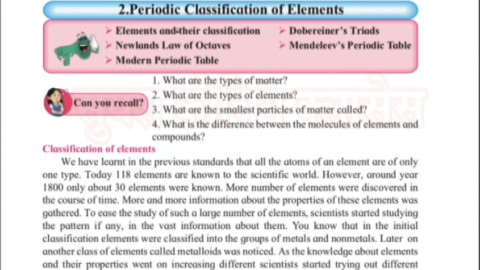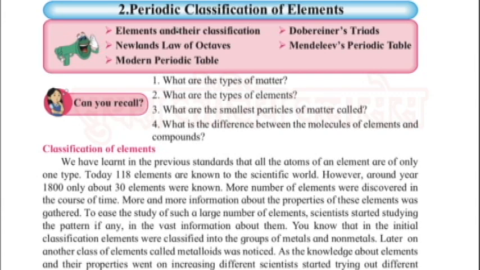Metalloid means these are the elements which are having properties of metals also and non-metals also. These are called as metalloids. So what are the examples of metalloids? Aluminium, germanium, antimony. These are the examples of metalloids.